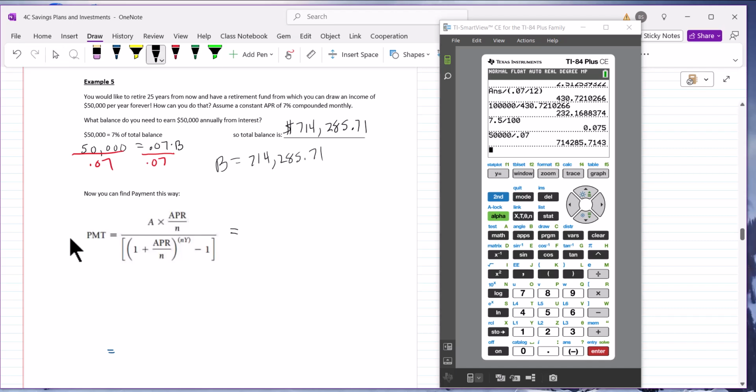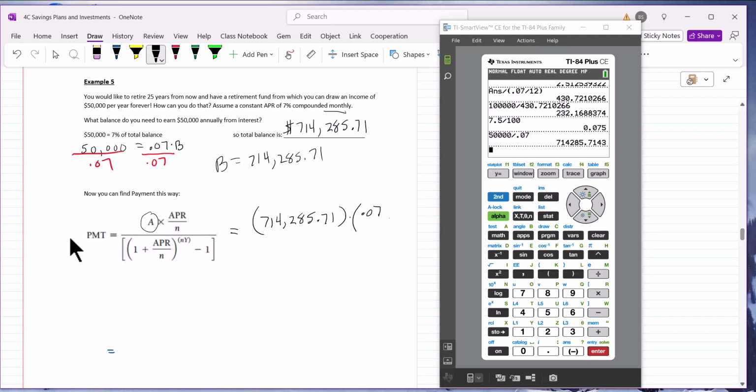We're going to do exactly what we need to do here. So A is the savings amount. So that's going to be the $714,285.71. Then we need to multiply that by the APR, which is 0.07, over, and let's see, we're making monthly payments.